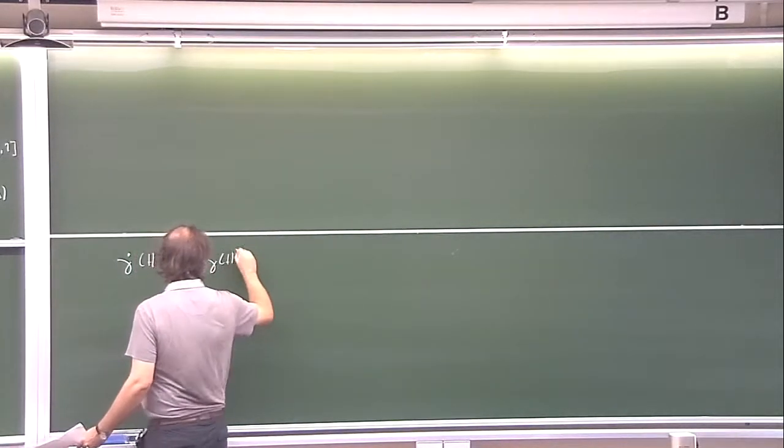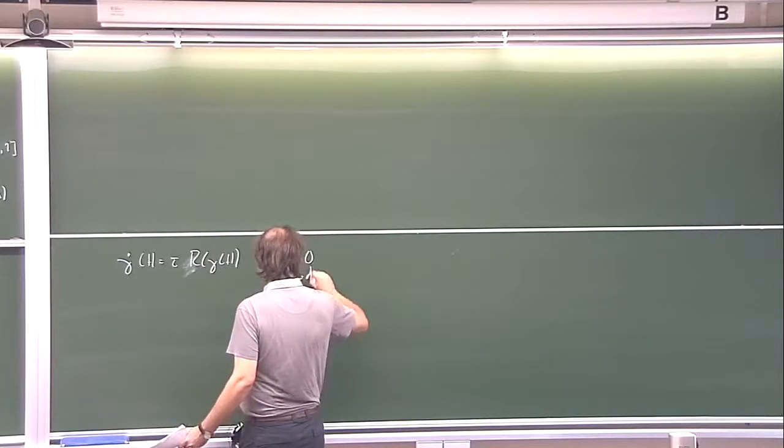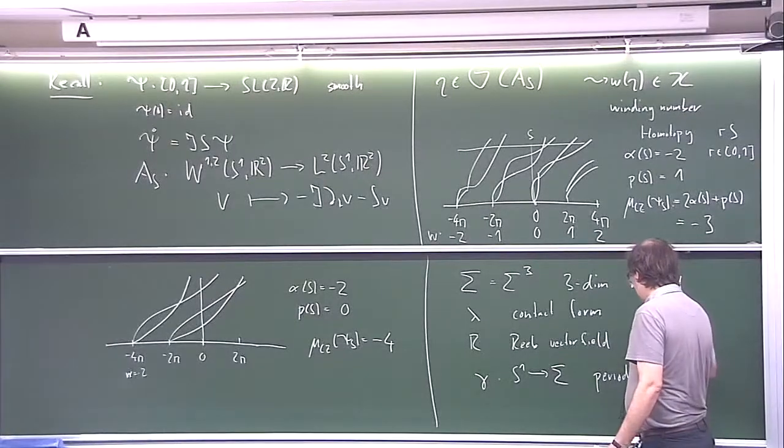So we have gamma dot of t equals tau R(gamma(t)), tau bigger than 0, the period. And suppose it's contractible.